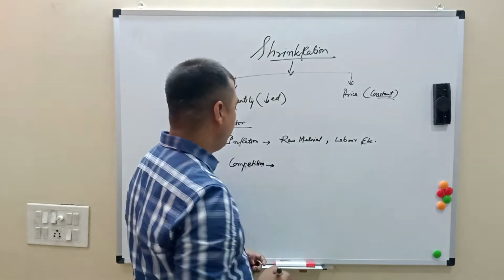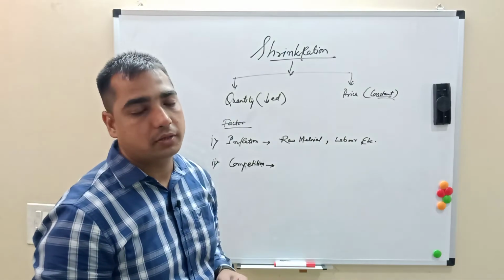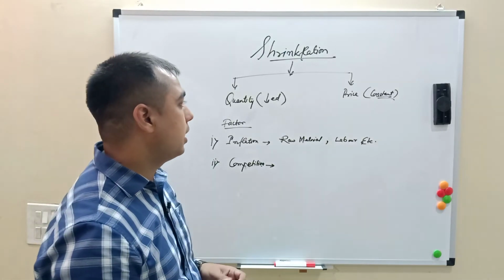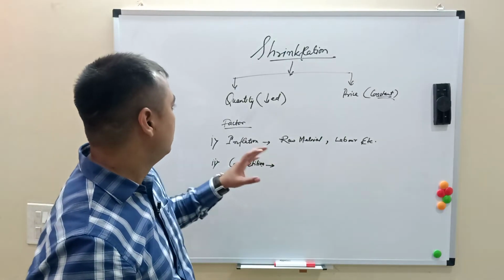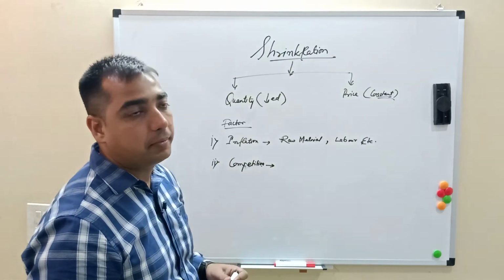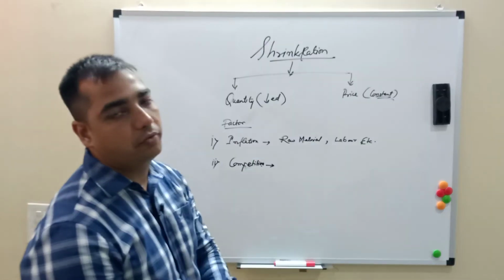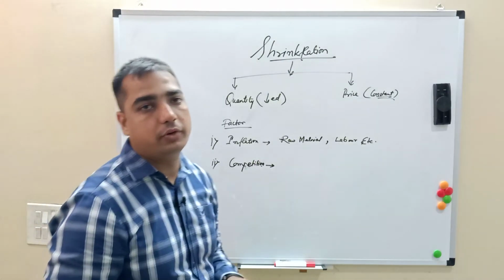Now what happens when the competition increases into a cutthroat competition? The companies are forced to do something dynamic to survive. They cannot compromise on quality. If they reduce the quality, things will fall apart, the brand value will be tarnished.